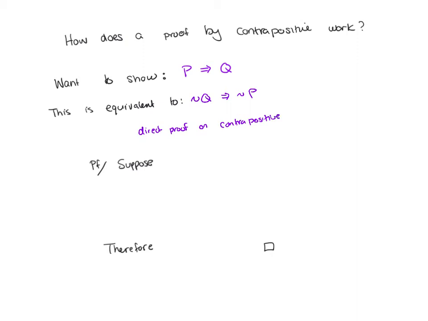It's when you do that direct proof, but on that contrapositive. So I'm going to assume the if of that contrapositive. I'm going to assume not Q. And then I'm going to do some stuff, use my definitions, use some algebra maybe. And at the end, I'm going to conclude not P. And if I've done that, then I've concluded my proof by contrapositive.